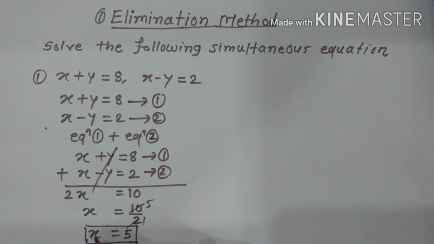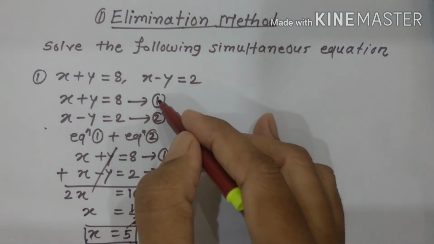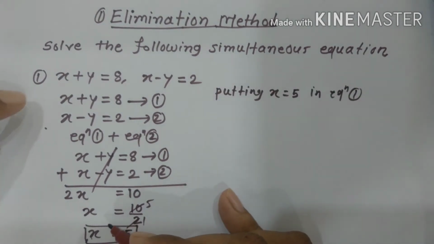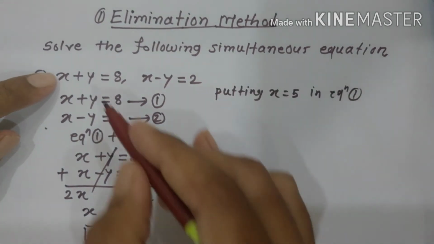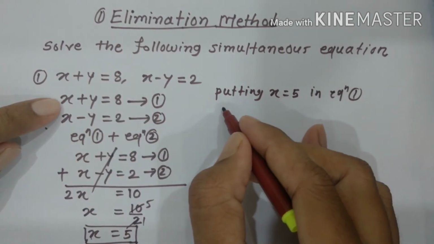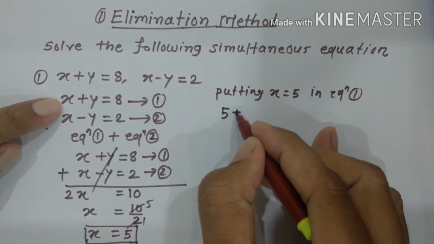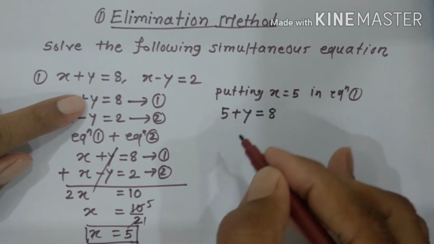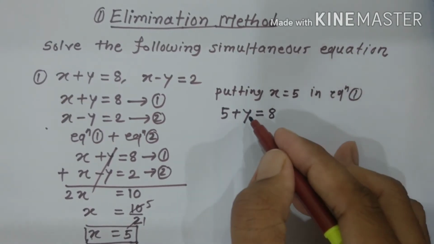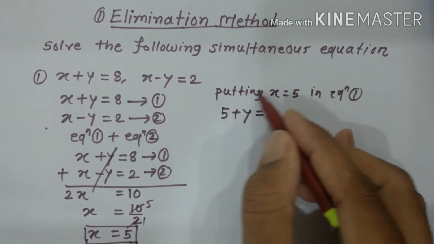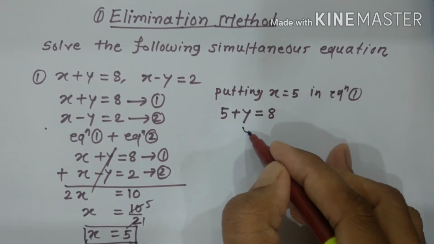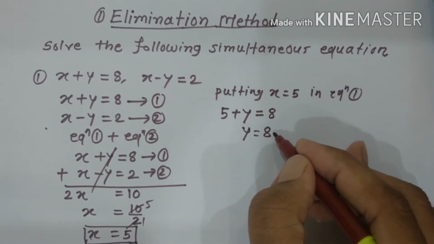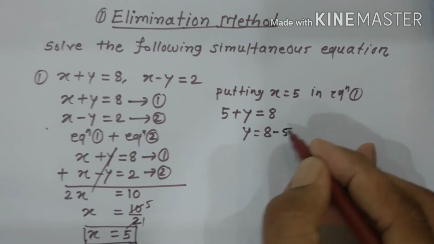Put this value of x in equation 1. After putting x equals 5, equation 1 becomes 5 plus y equals 8. Now here, to find the value of y, transpose 5 to the right side. Therefore, you can write y equals 8 minus 5.